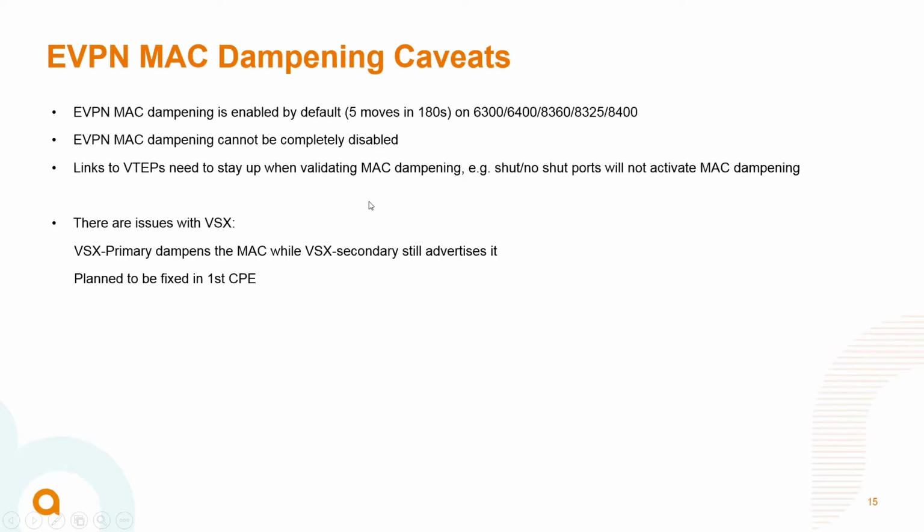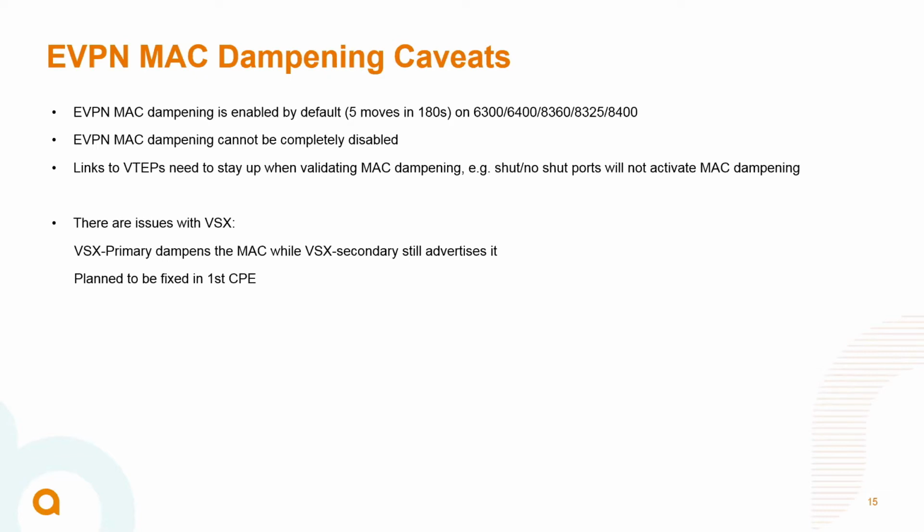MAC dampening is done only based on the number of MAC moves. A move is detected if you have an EVPN MAC and now you are learning a dynamic MAC for the same entry; then it is considered as a first move. If in between one of the MACs gets deleted, like the EVPN MAC gets deleted, and later a dynamic MAC is learned, that is not considered as a move at all.